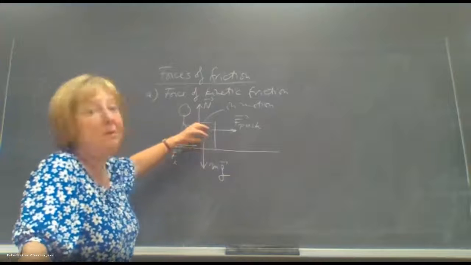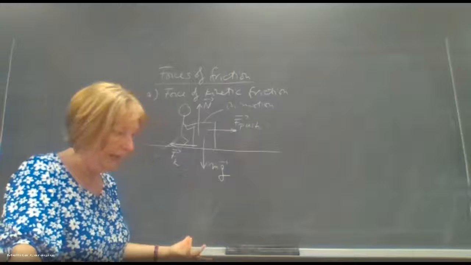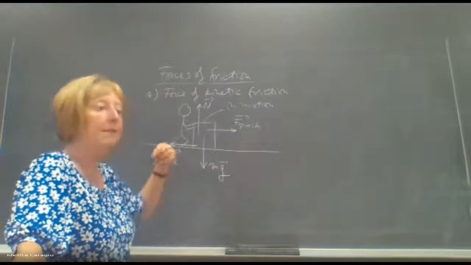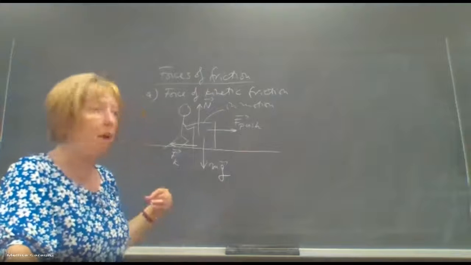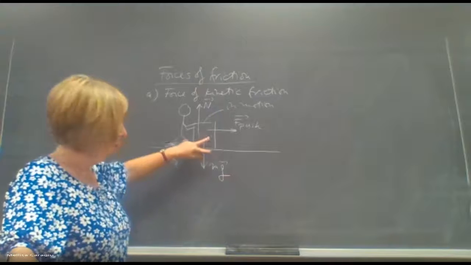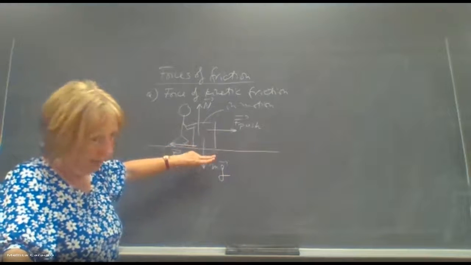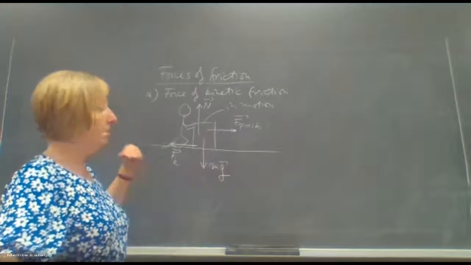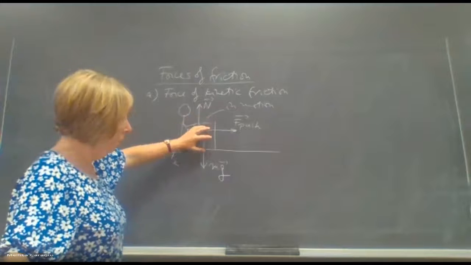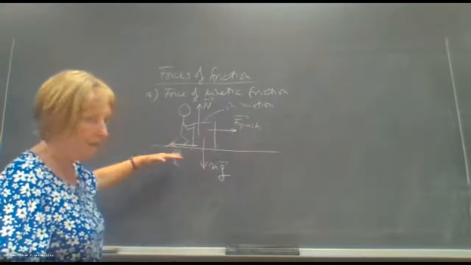If you would have a piece of ice on a wooden floor, it would be something else. If you would have a piece of steel on ice, it's another force of friction. So forces of friction depend on the nature of the surfaces which are in contact, and also depend on how much the object presses on the hard surface.